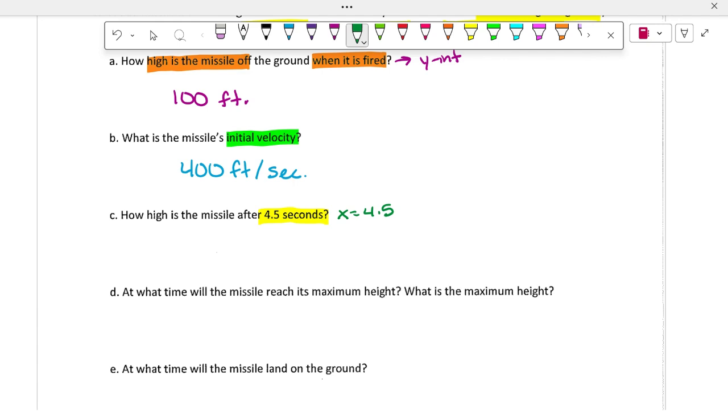It looks like you put in y equals 4.5. It needs to be x equals.